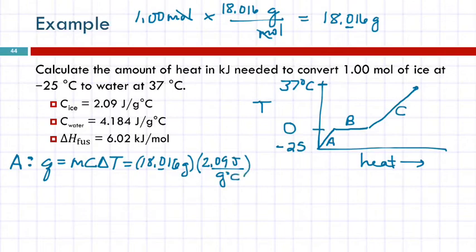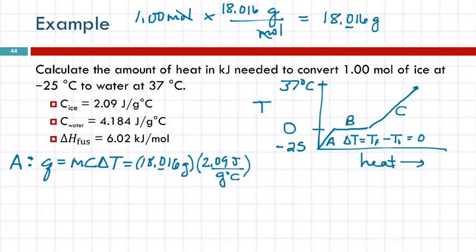And what's the temperature change here for A? Delta T equals the final temperature minus the initial temperature. The final temperature is not the final temperature of the problem, it's the final temperature of the line segment. The final temperature is 0.